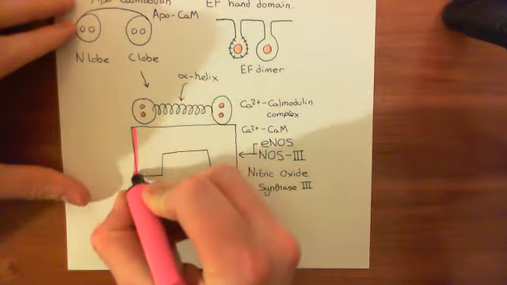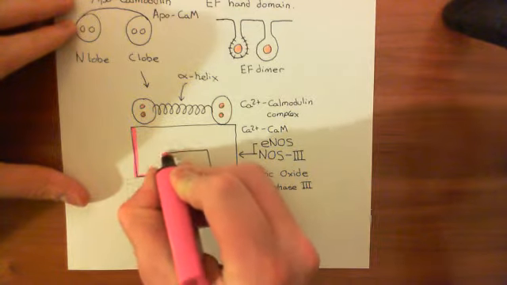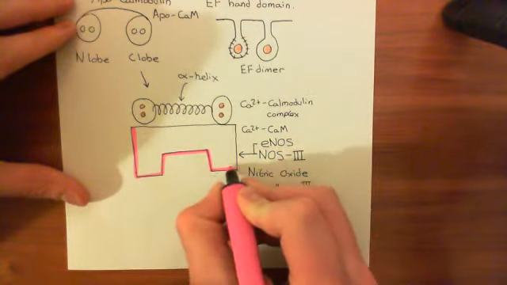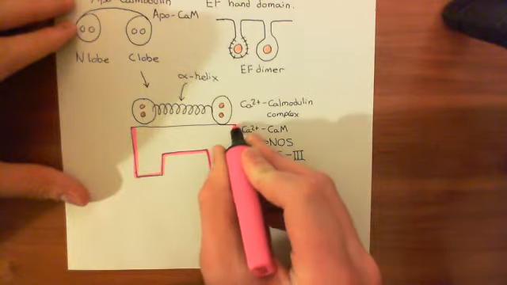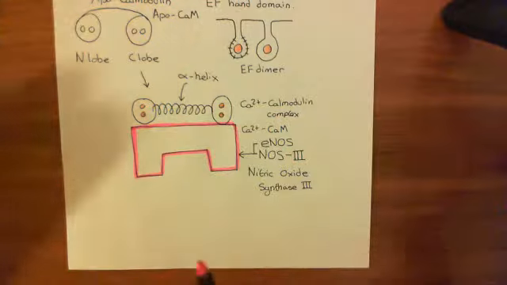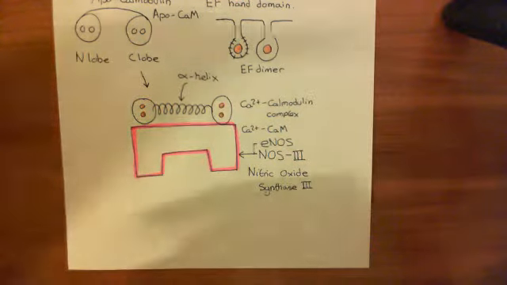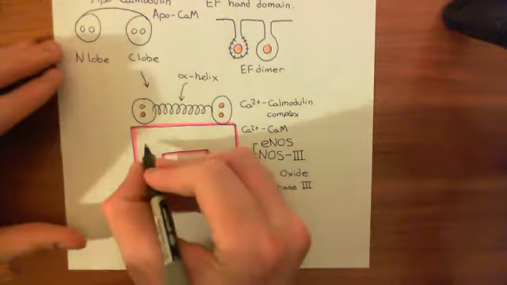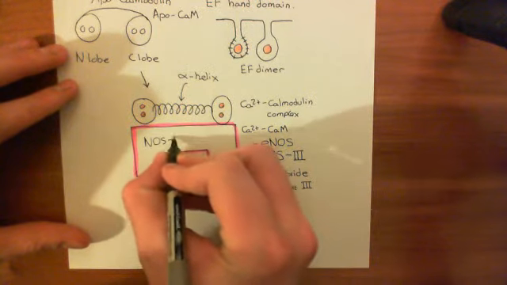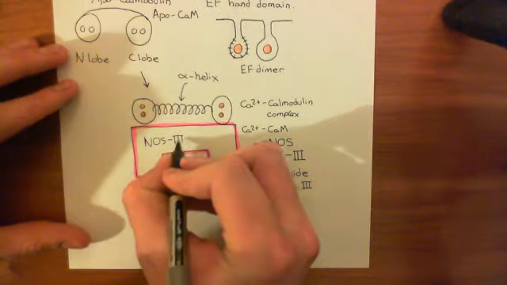Now, this enzyme basically is going to start creating you nitric oxide. So in response to acetylcholine, the endothelial cells are going to activate their ENOS enzymes, or their NOS3 enzymes, and that's going to cause the release of nitric oxide from these endothelial cells.